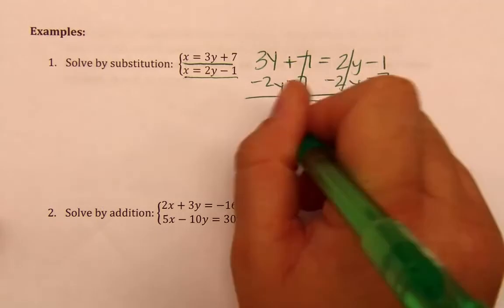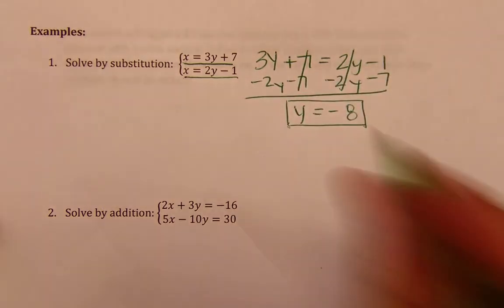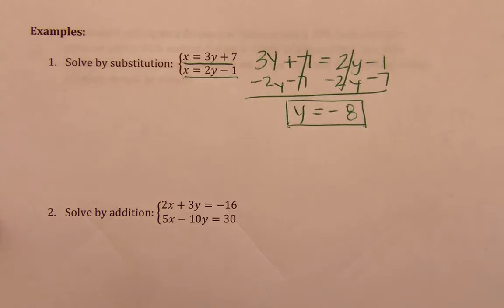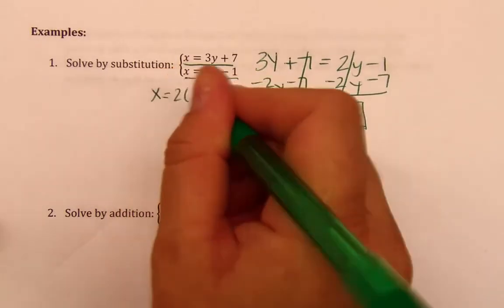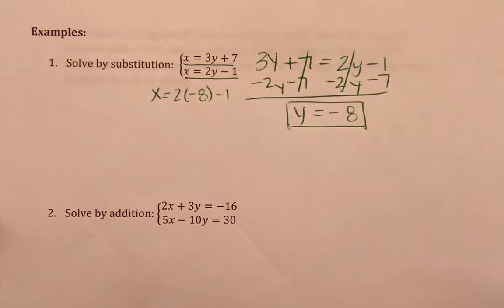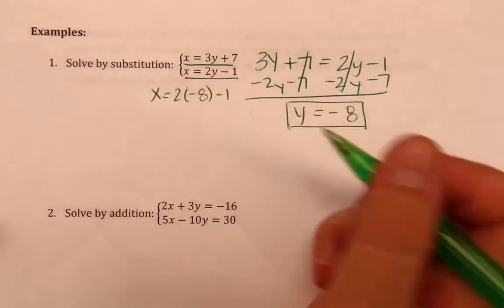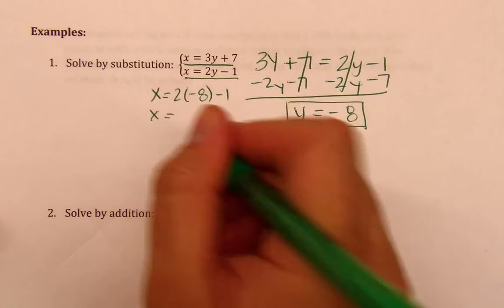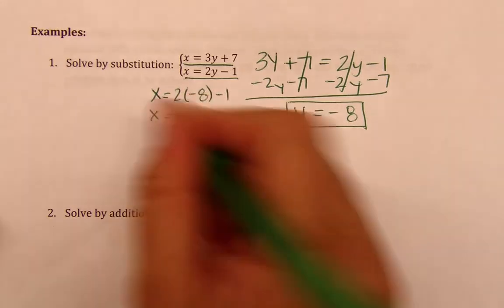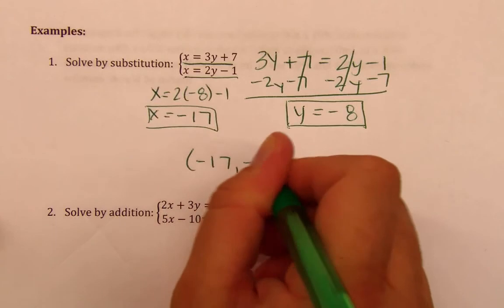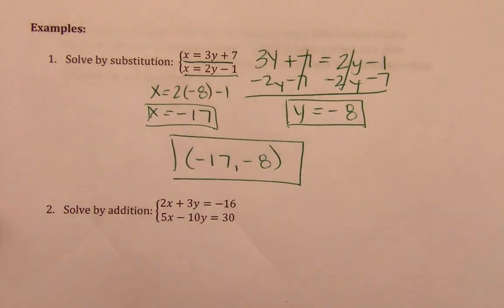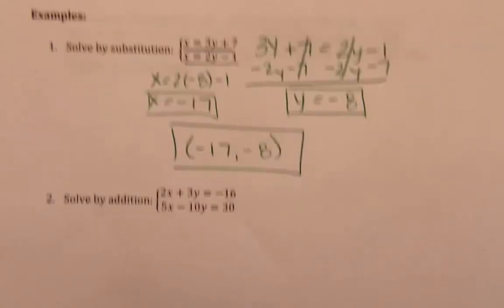And we got our y value, and now we want to find our x value. I can plug into either one of these equations. I'll plug into the second one. And we end up with, let's see, x equals -17. So our answer then is -17, -8. We want to write our answers as a coordinate.